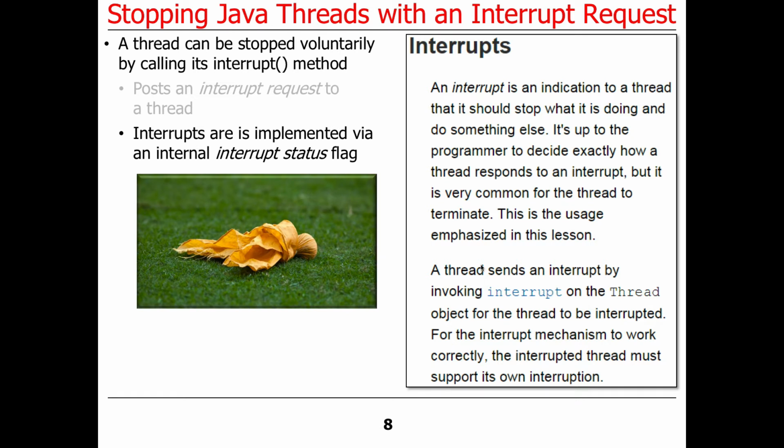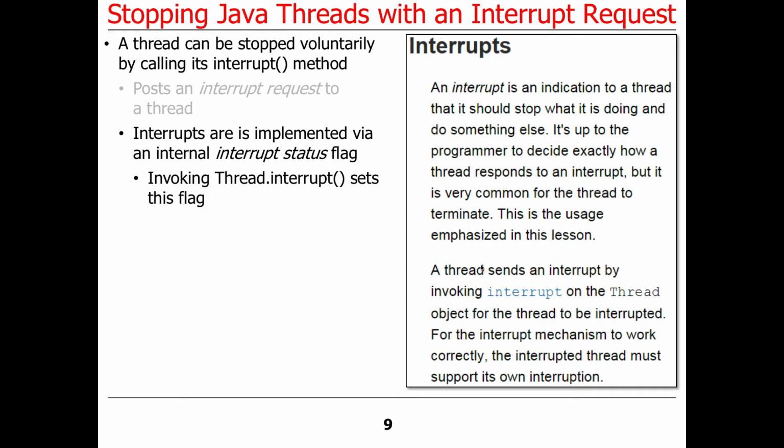These interrupts are implemented internally using something called the interrupt status flag, which is basically a flag that the Java thread implementation knows about and other parts of the Java virtual machine and other parts of the Java class libraries know about. So they all have to work together in a collaborative way. The way you set this flag is by calling the interrupt method on thread. So if you say interrupt, that will set the flag.